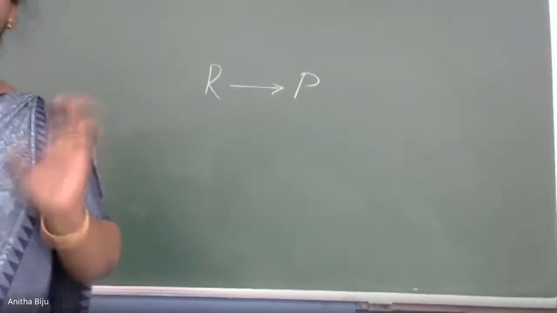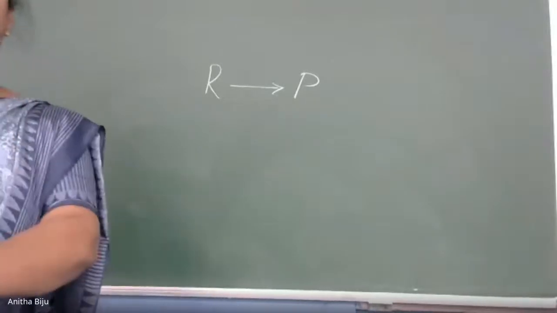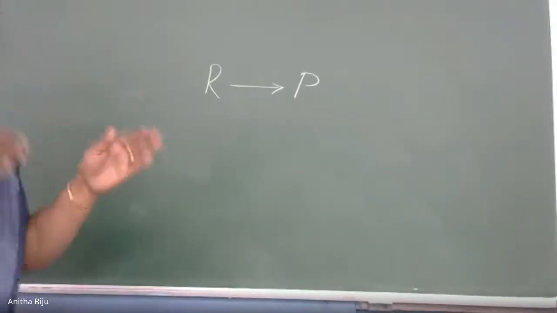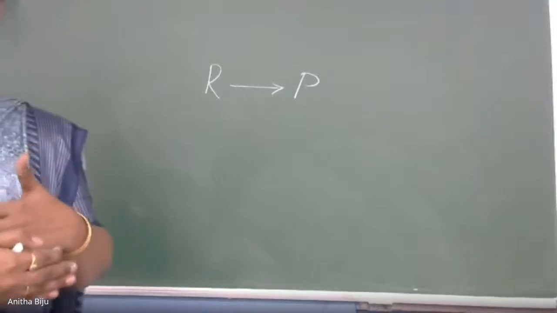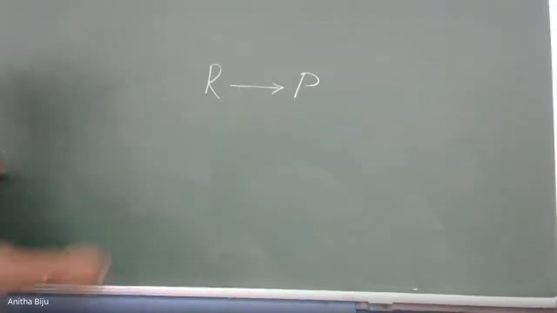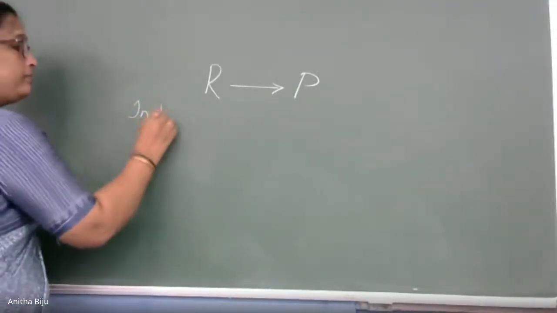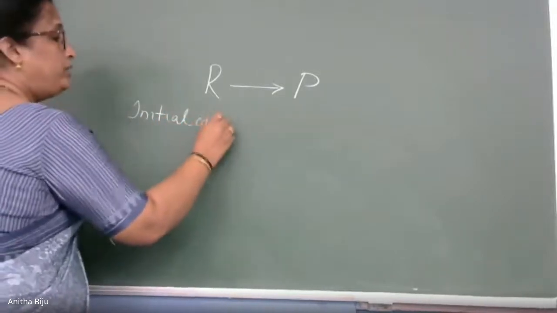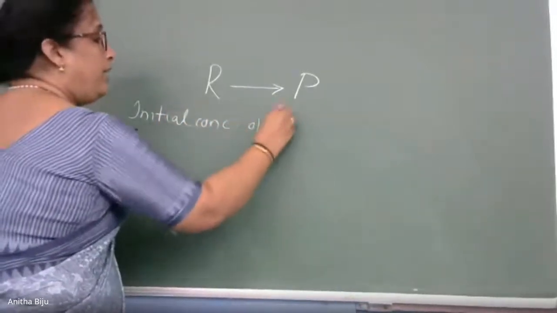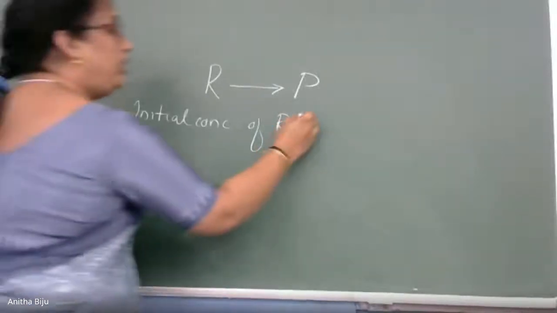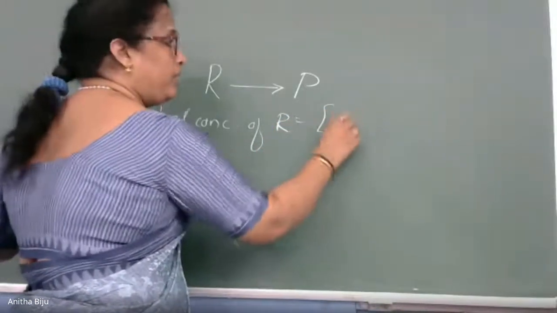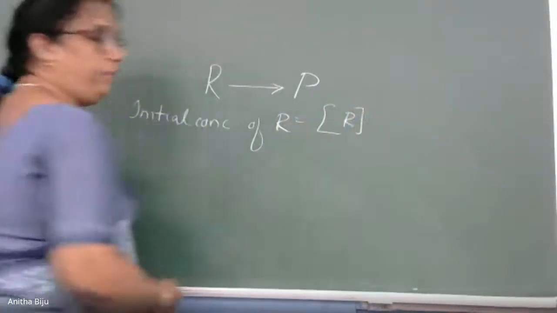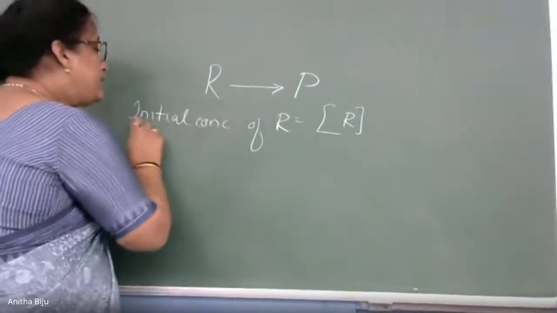So we can say that 1 mole of reactant gives 1 mole of product. In this case, at the beginning of the reaction, we have the initial concentration of the reactant. We can write concentration in square brackets.